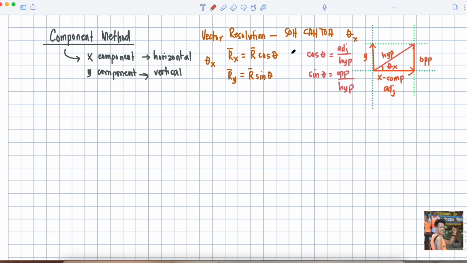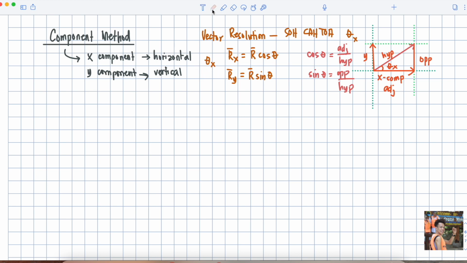That's why we have this formula: Rx is equal to R cosine theta, Ry is equal to R sine theta. Always, this is applicable when the angle is measured due x-axis or along the x-axis.